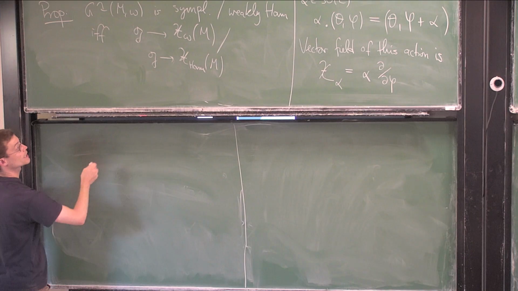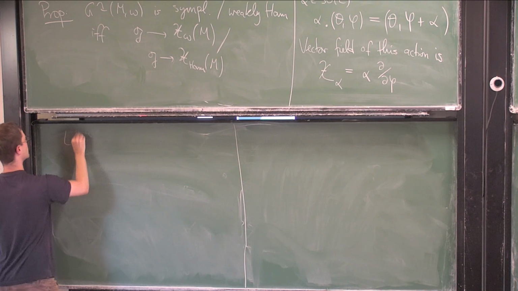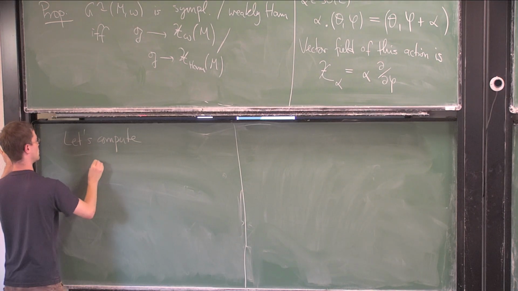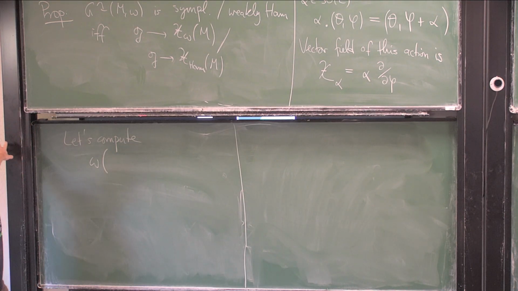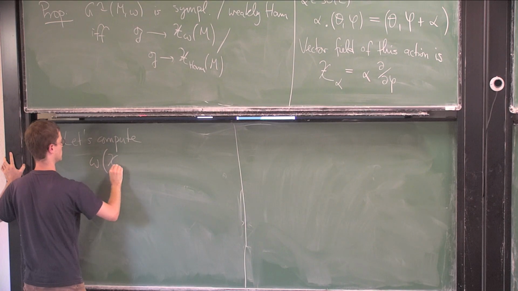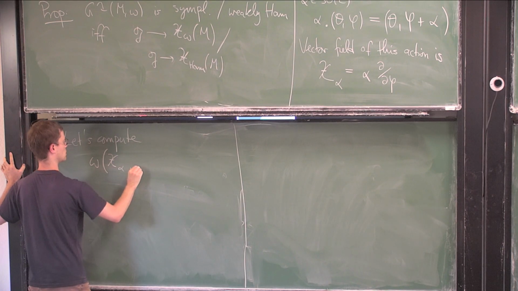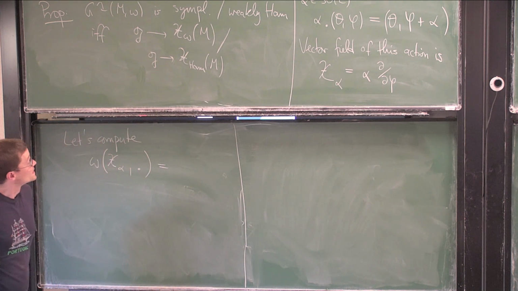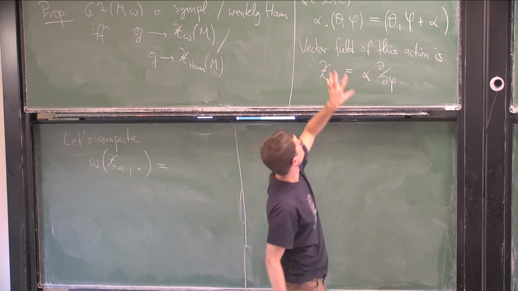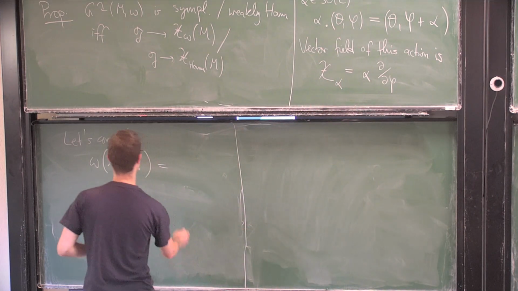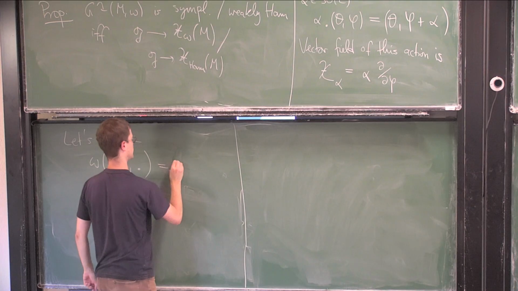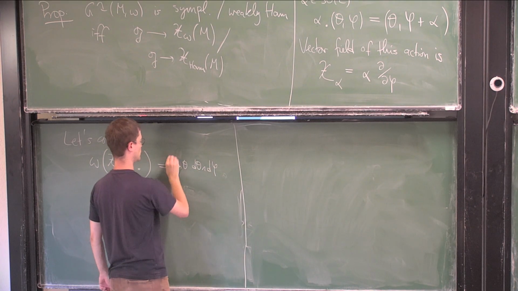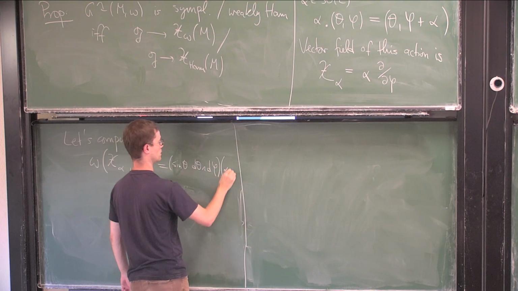So now, in order to decide, let's compute omega of psi alpha. So we take this vector field and we plug it in. Omega is sine theta, d theta wedge d phi, and all this applied to alpha del phi.